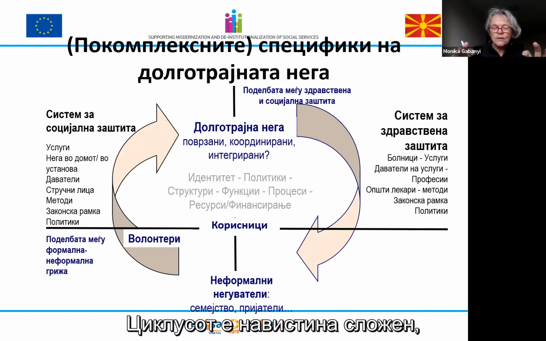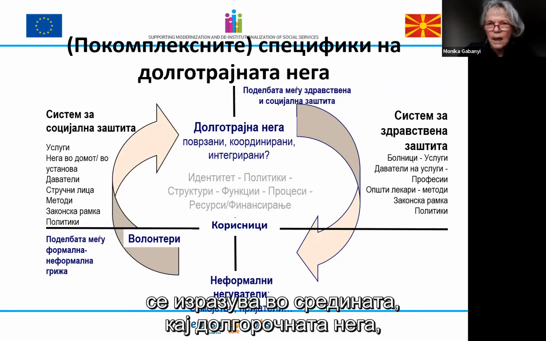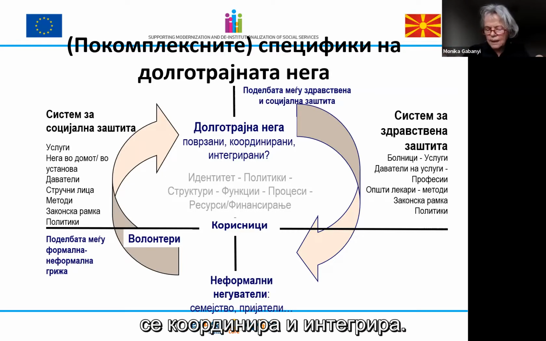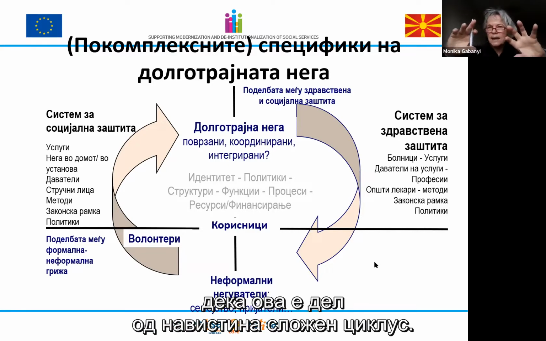So it is really a very complex cycle, which finds expression in the middle, in long-term care, because everything that comes from the social and the health side has to be coordinated and integrated. I don't know whether you already saw that this part is part of a very complex cycle.